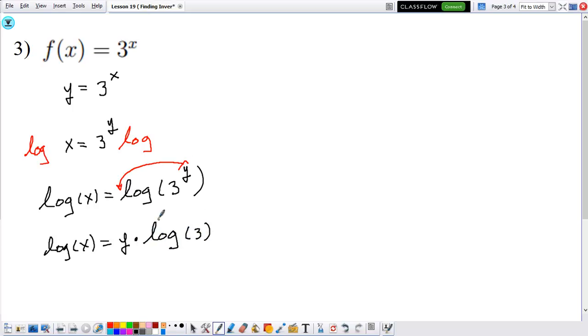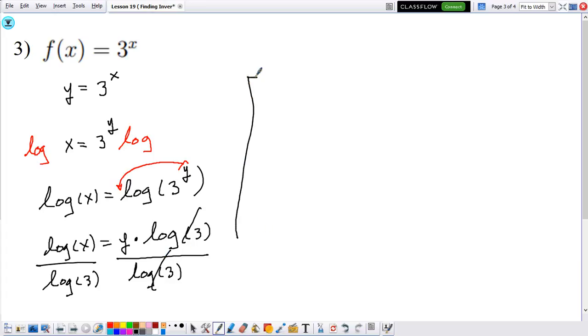And again, what we're doing here is we're solving for y. We're solving for a new y. So how can we solve for a new y? Well, you just got to divide by log of 3 on both sides. And finally, we have solved for our new y.